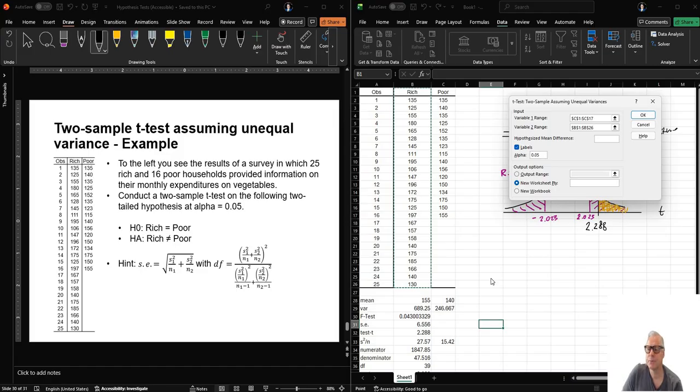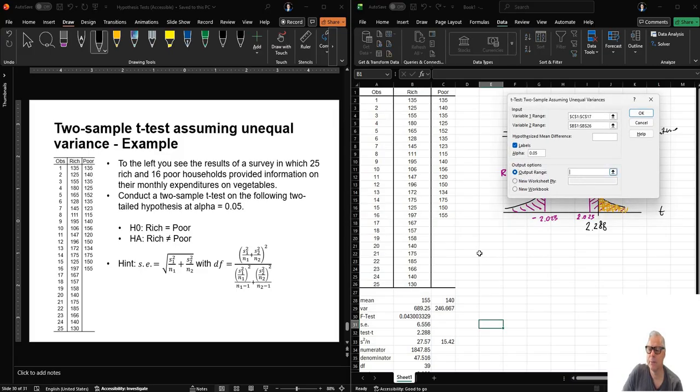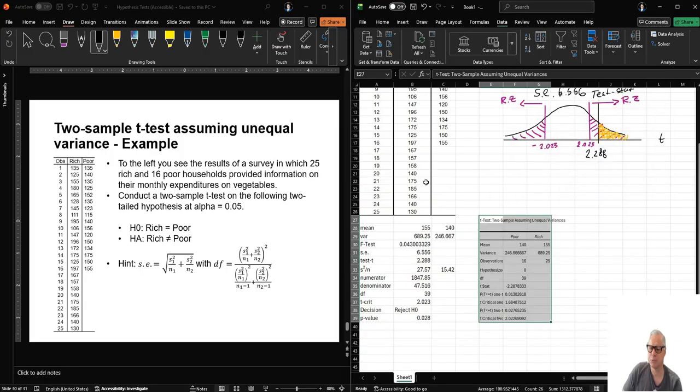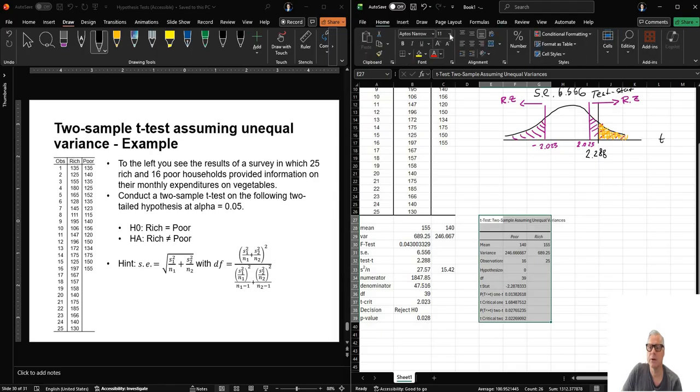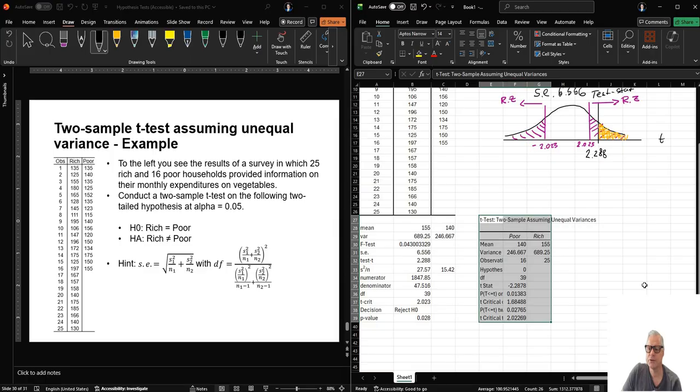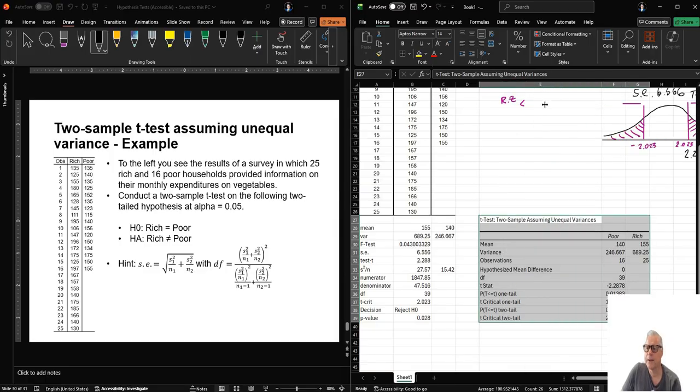Then the output range may be next to our calculations, maybe here, and then we just say again the mean difference is 0, but even if you didn't enter anything, Excel will default it to 0. Okay, so now we should see some results. Let's maybe increase the font size, fit to content.